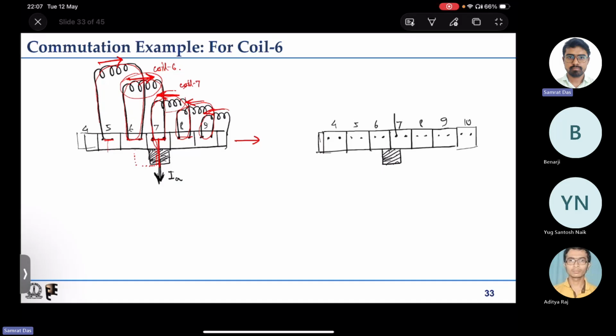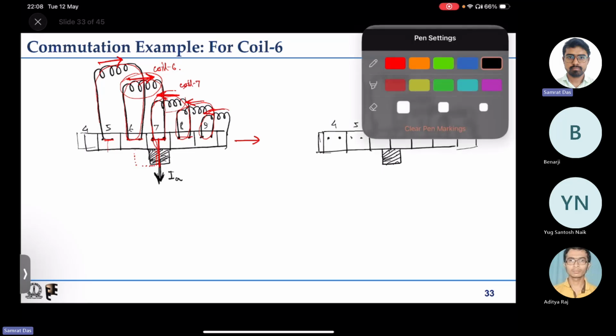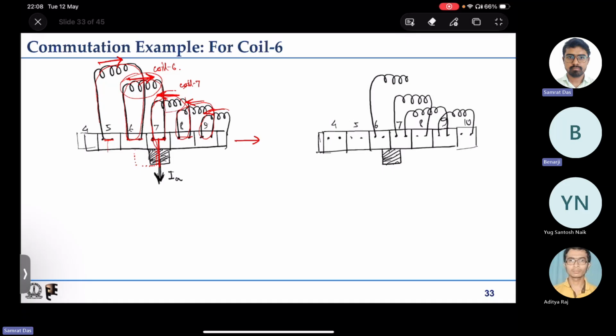So the seventh one I do like that, the eighth one shorter, the ninth one further shorter to 10, then the sixth one do like this. Oh, I made a mistake. Yes, sir, it's not wrong. Correct.